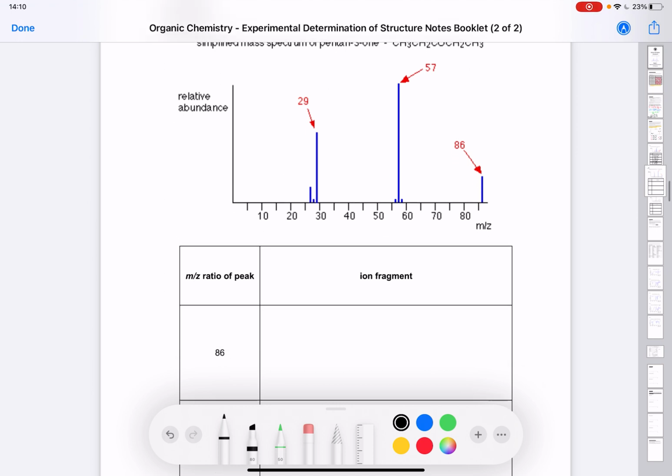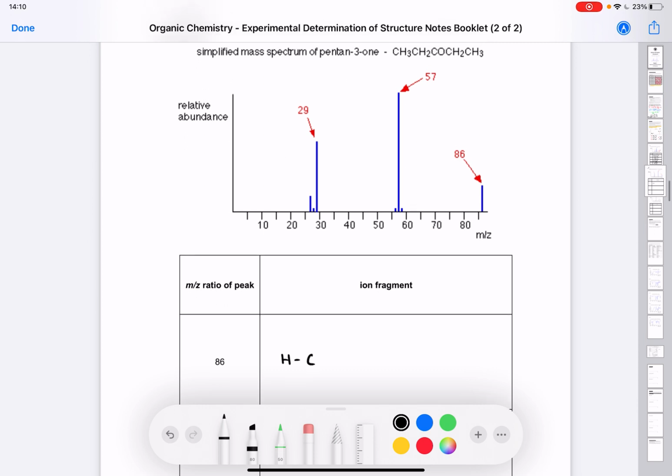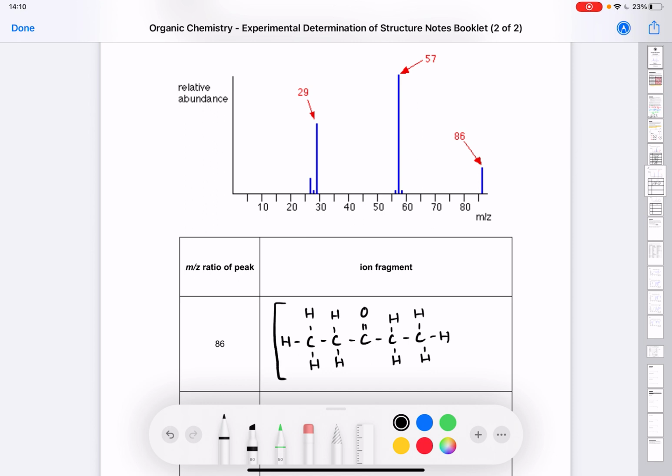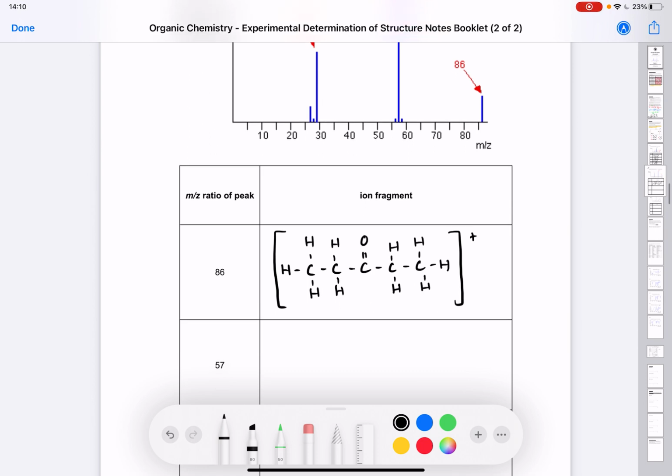So let's write this in. So we've got our structure here, and we'll put the little positive charge on that there. So we're now looking for a mass to charge peak of 57.